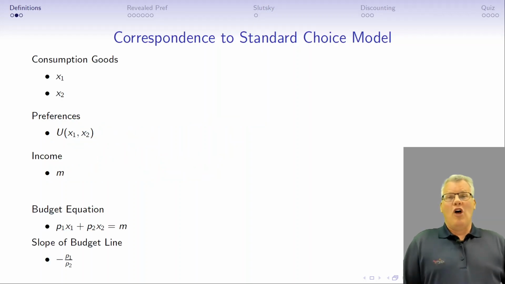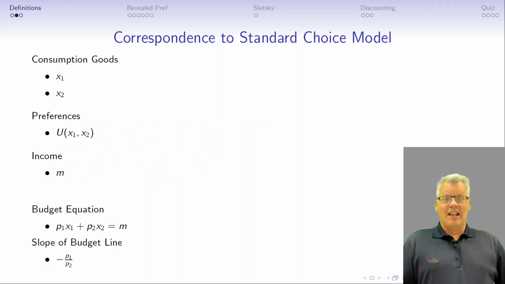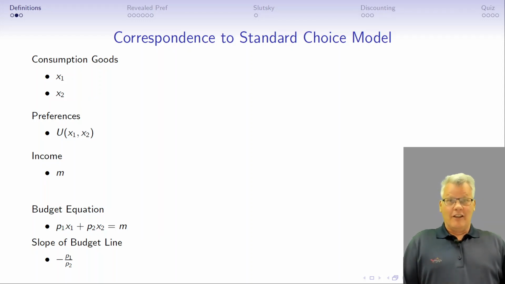To more formally show this correspondence, I wanted to first remind you of all the elements of the conventional choice model that we have developed so far in the course. You recall that Varian made the simplifying assumption that we have two consumption goods, and Varian denoted these in his dry textbook notation as X1, X2.